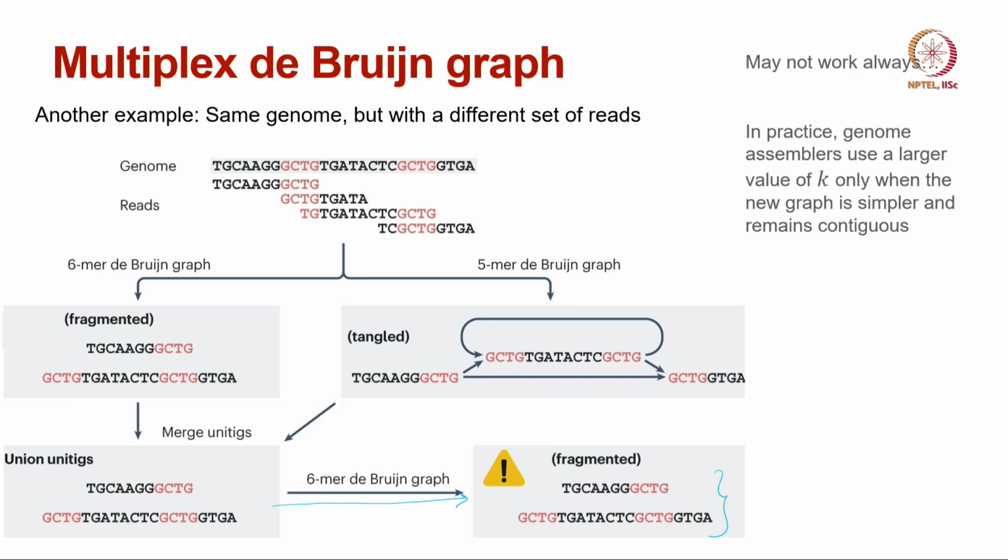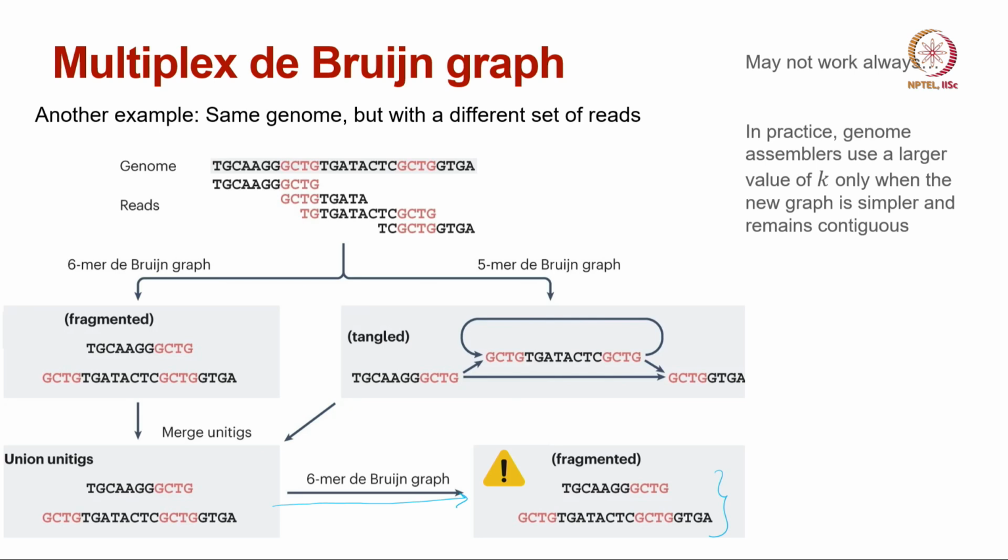So, in summary, this idea of using multiple k-mer sizes works sometimes and sometimes it does not work. So, it is a heuristic, and in practice genome assemblers move to a larger value of k only when they see that the new graph is simpler and remains contiguous.